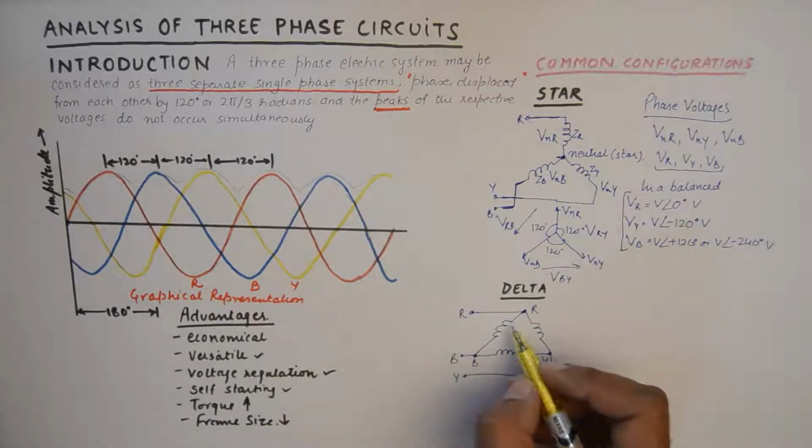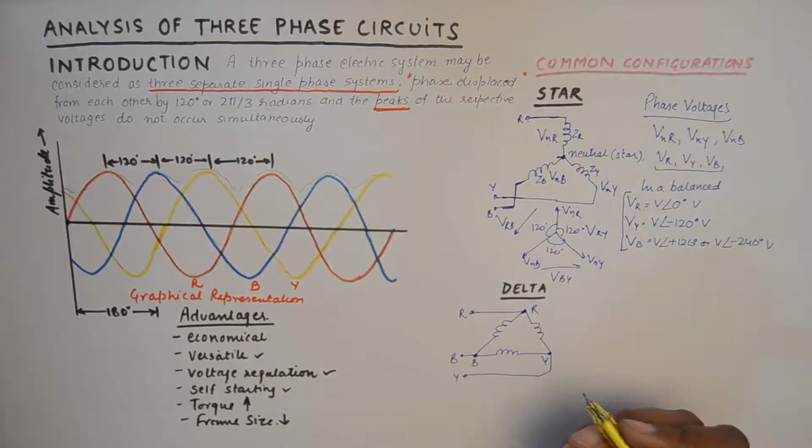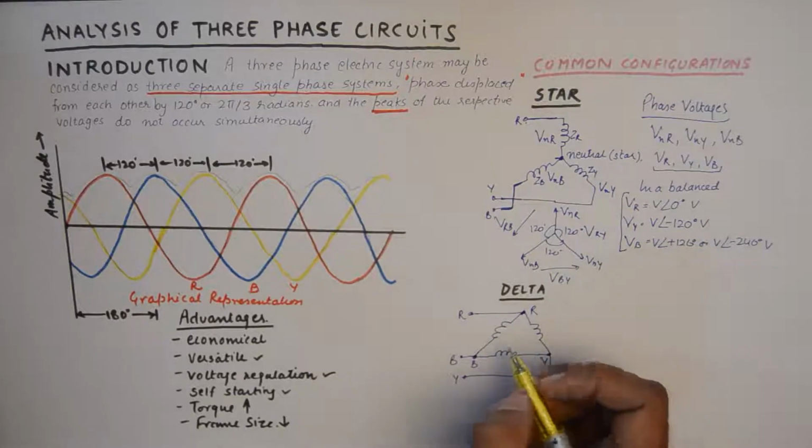So the voltage between these 2 points will be known as the line voltages, as we know that there is no central point of reference with which we can measure the voltage. So this is going to be the voltage.